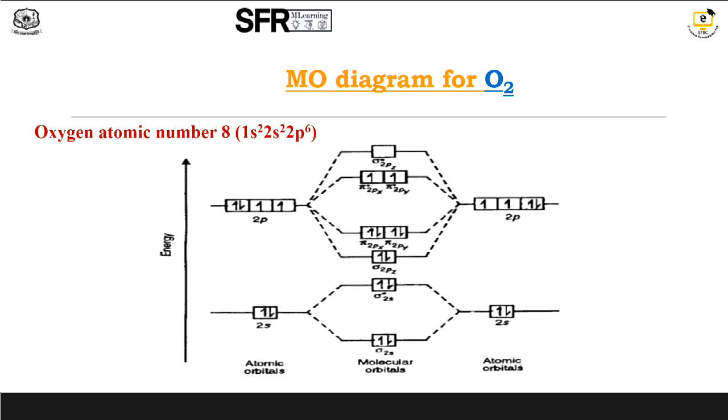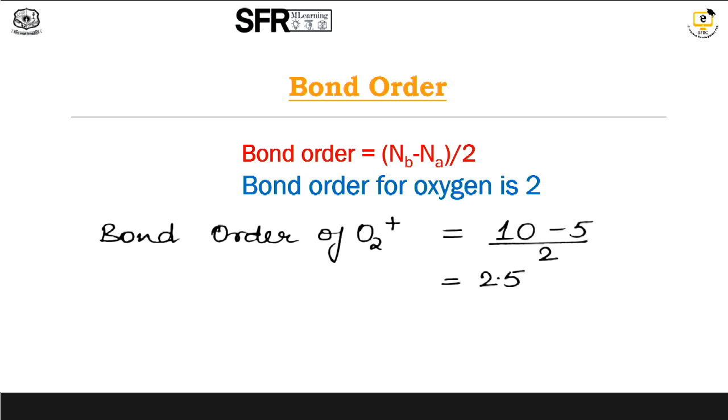So, in the MO diagram, pi star 2px has 1 electron and pi star 2py has no electron for the O2 plus ion. The bond order for this molecule is (10 minus 5) by 2, which is equal to 2.5. So, the bond order for the O2 plus ion is 2.5.